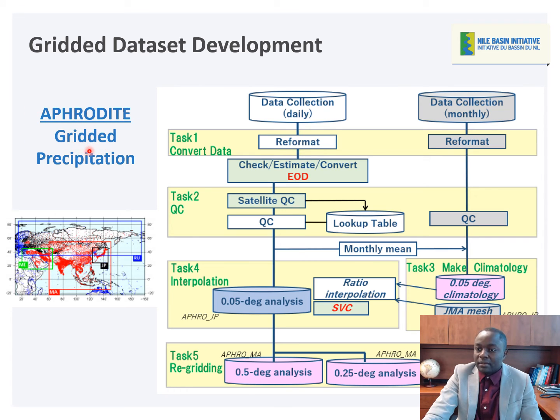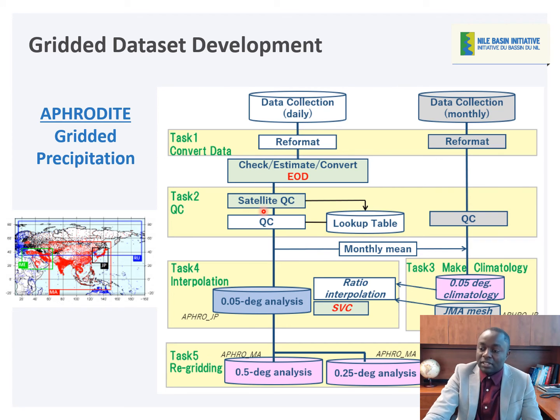So here, gridded precipitation. How is this dataset produced? Typically, the task will involve collecting some daily or monthly climate data at stations and converting the data to a particular format. There is then, in task 2, some sort of quality control of the data, and they can collect data.